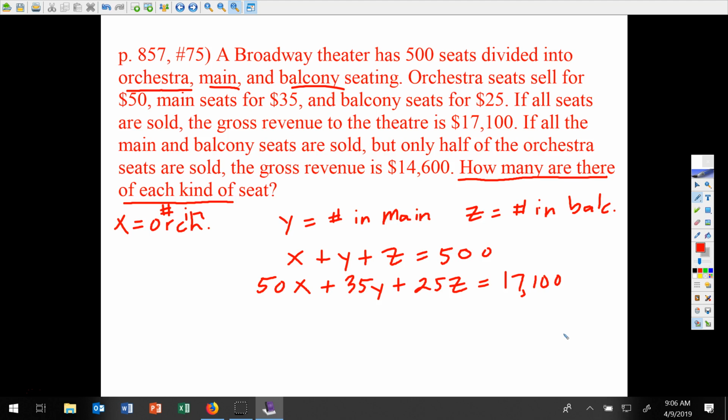So now we come down to this sentence. If all of the main and balcony seats are sold, but only half of the orchestra seats are sold, the gross revenue is this. So I'm looking for ideas on how we can turn this sentence into an equation. John.